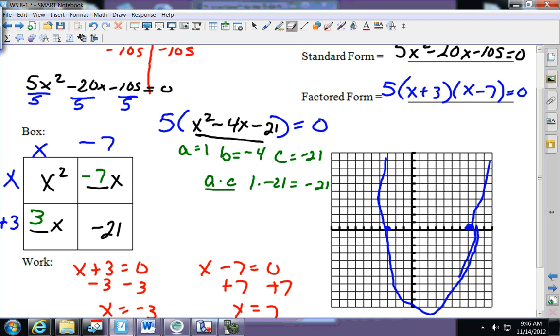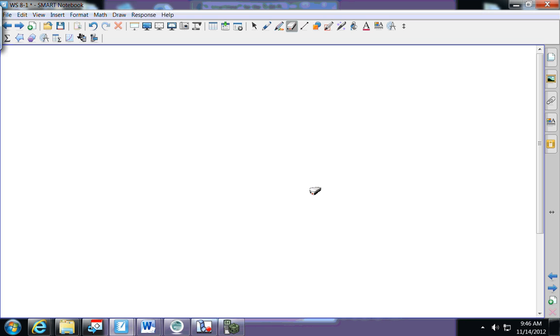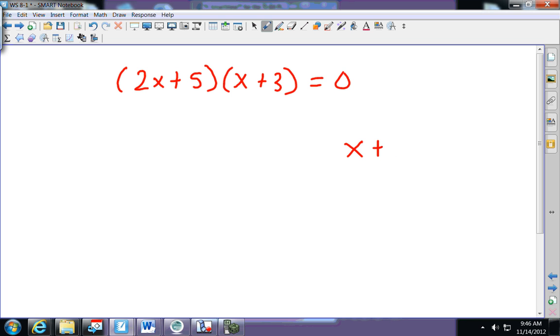Let me look and see. So for example, let's go back to our blank pages for a second. If we had where we factored and we had this as our factored form, okay? You notice that this one says x plus 3, right? X plus 3 equals 0. I subtract 3 from each side. One of my factors is -3, which matches with what you're saying.